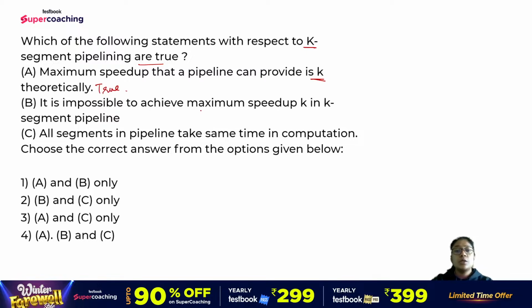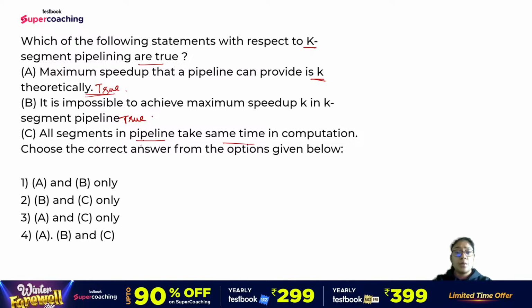It is impossible to achieve maximum speed up K in K segment pipeline. Definitely this is theoretically possible, but practically you cannot implement this. So this statement is also true. Third statement is saying that all the segments in the pipeline take the same time in computation.